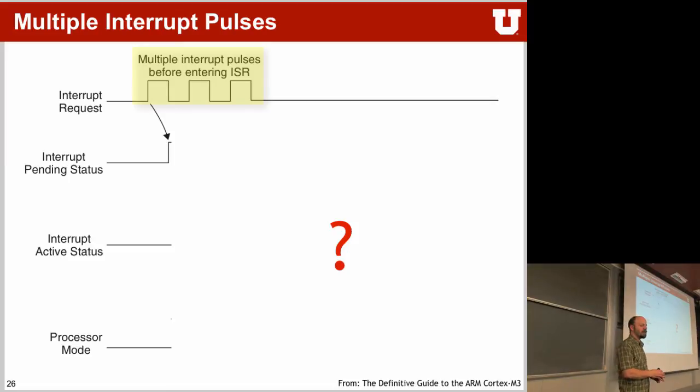Okay, how many teams think that we will get all 3 interrupts and execute our handler 3 times? Show hand. Nobody. That's good. So how many think that we will lose some of the interrupts? Almost everybody, that's correct.